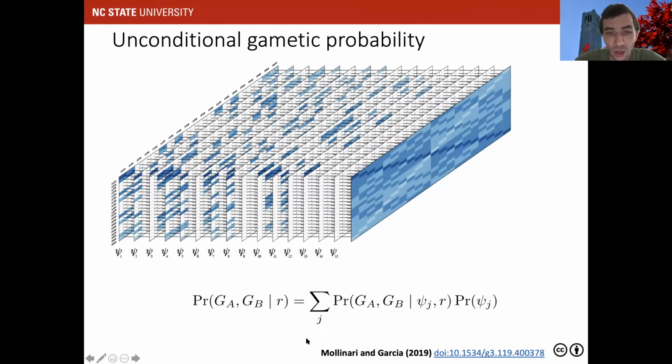And then, of course, if you sum over all possible matrices here, you have the probability of observing 2 genotypes in a hexaploid or in an octaploid or in any ploidy level. And this is for one parent.